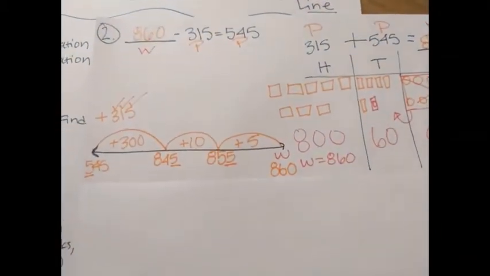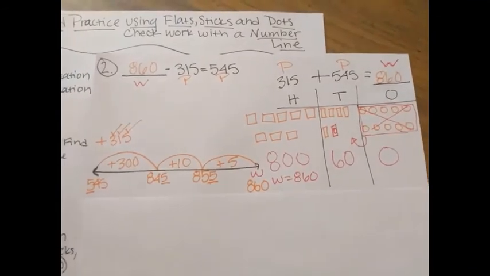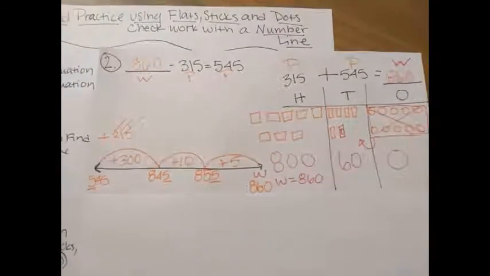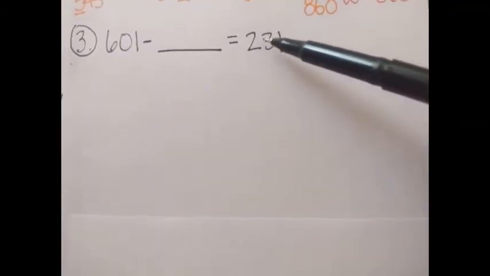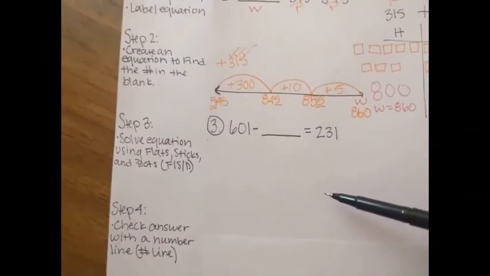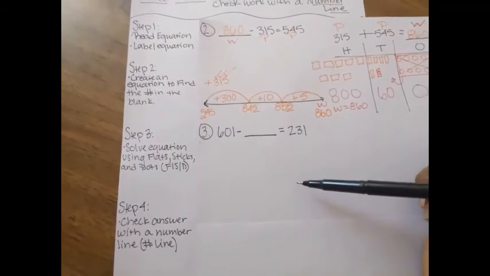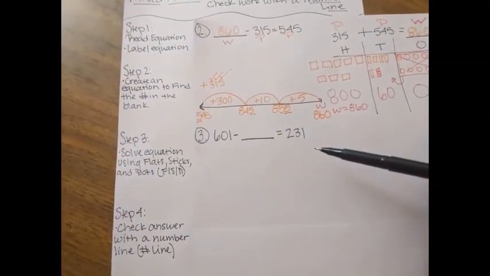Awesome job, guys. So we're ready to move on to our third example. Our third example is 601 minus blank equals 231. So we are ready to use all 4 of these steps to solve our third example all on our own.